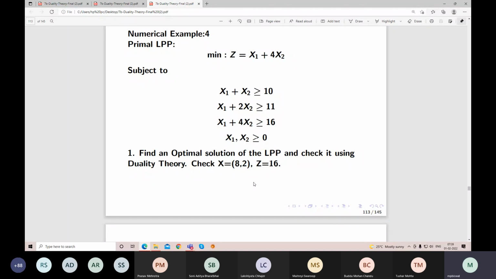Here the mark cannot be 1; it is either 0 or 2. No part marking, either 0 or 2. Every question has one part, either 0 or 2. I am not writing 0, 1, 2. It is either 0 or 2. That's all. So please remember.